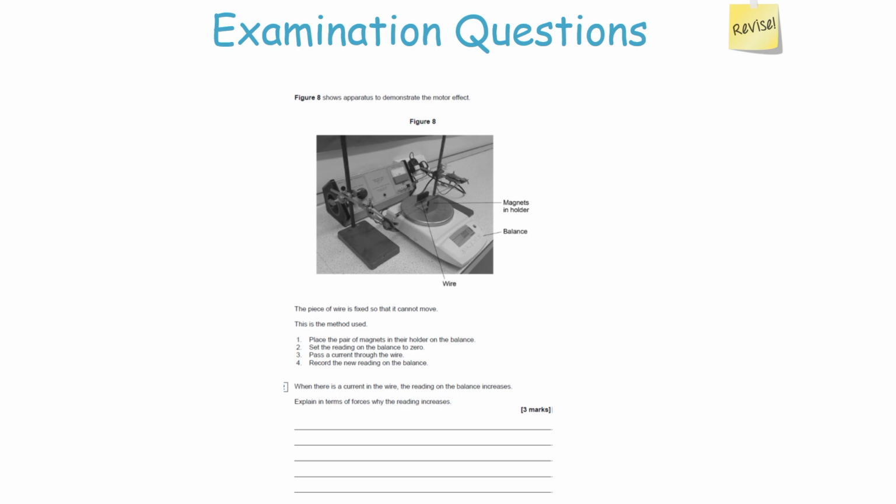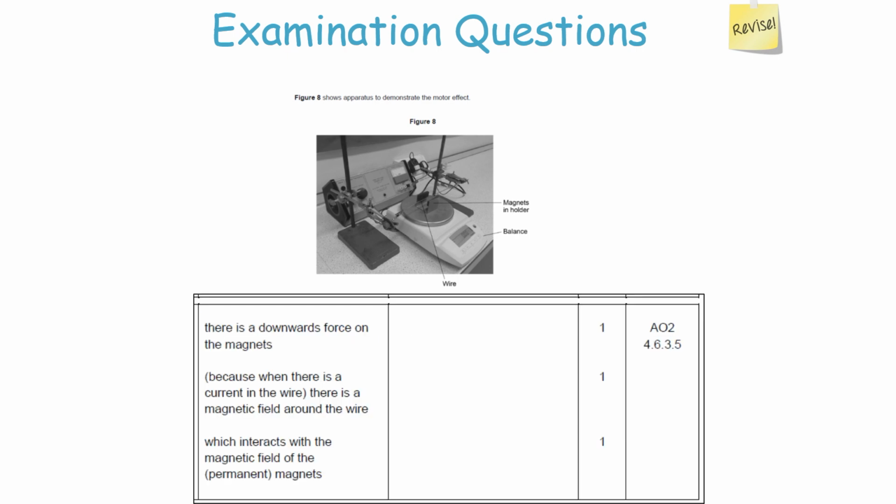That will cause a downwards force on the magnets in the holders, which is what is being measured by the balance. So at that point, the value on the balance will increase because the resultant force pushing downwards on the balance increases, because you've not only got its weight, but you've also got this new magnetic force acting on it.